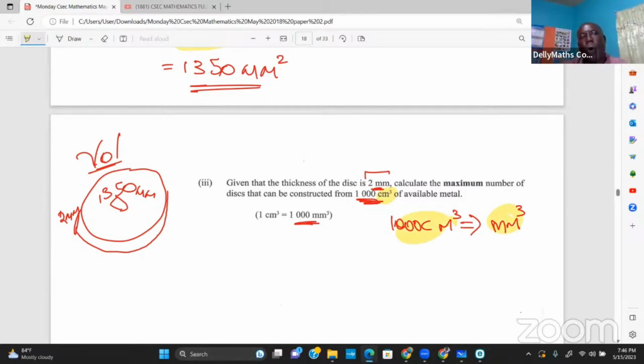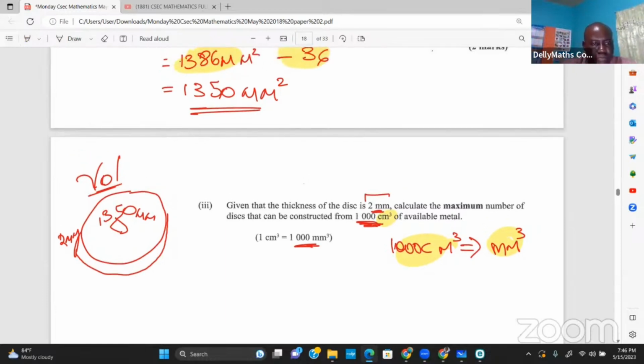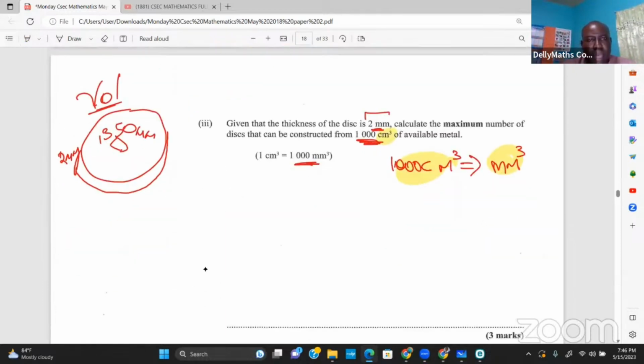But firstly, you want to know the material that you need to use, right? So basically, I want to find the volume. I'm going to have to find the volume of the disk first, and that is going to equal the cross section area multiplied by the thickness.